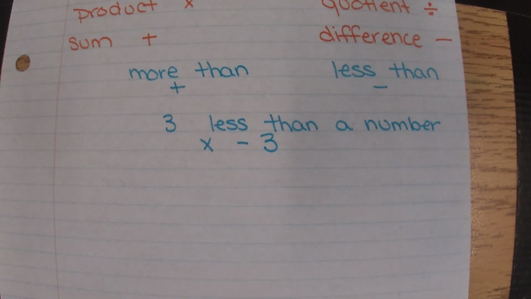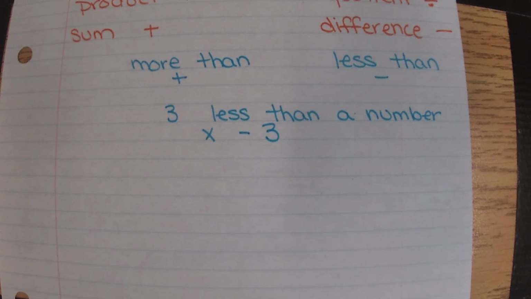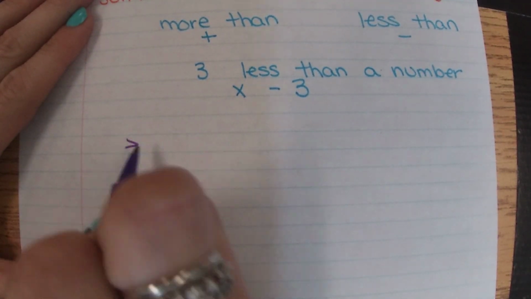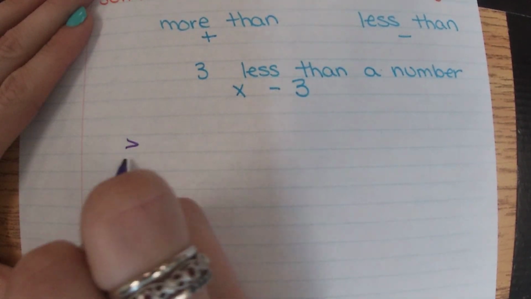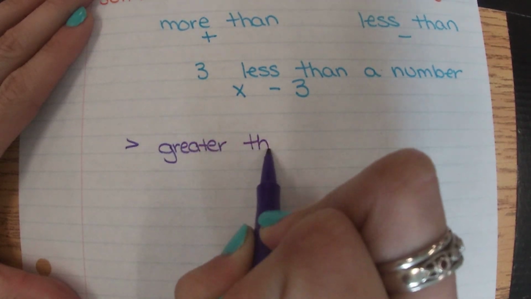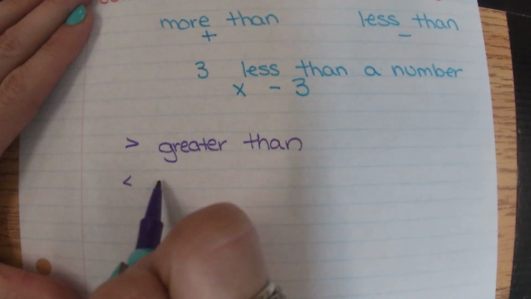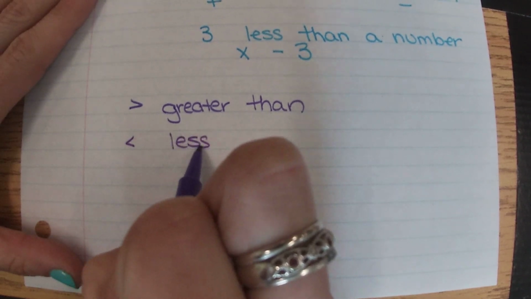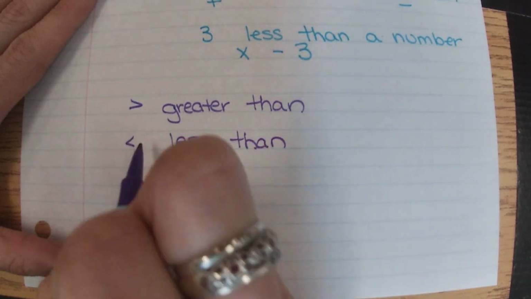Okay, we can talk about our inequalities. We should know what our inequalities are. So our symbols like greater than, we should know that this one right here is greater than. We should know that this is less than. And really, these all actually have an is in front of it.